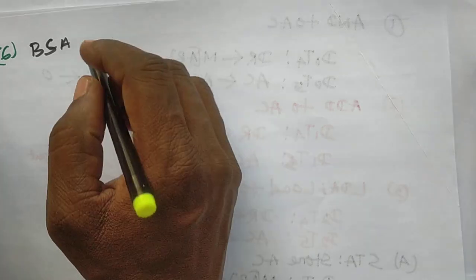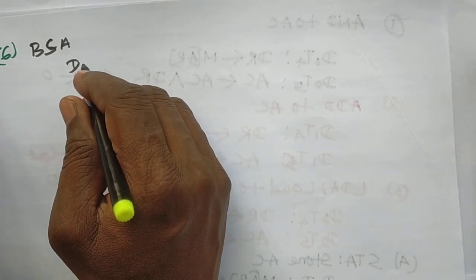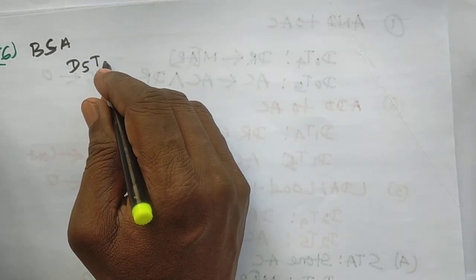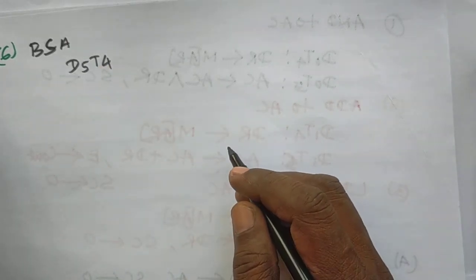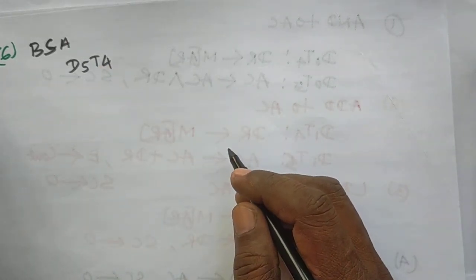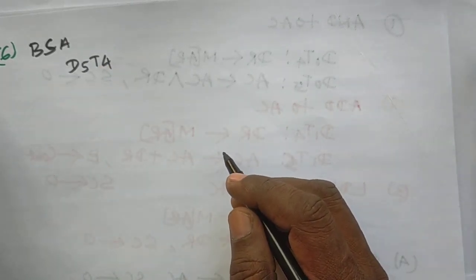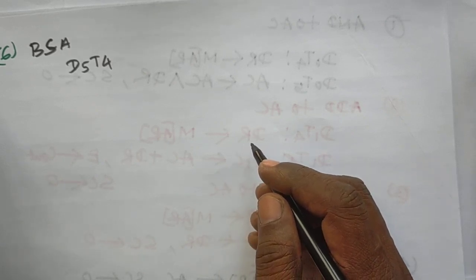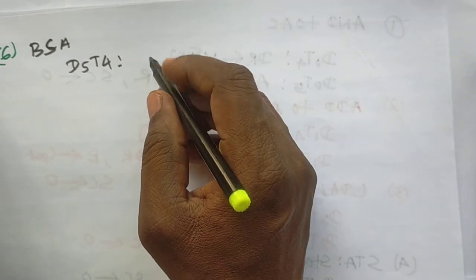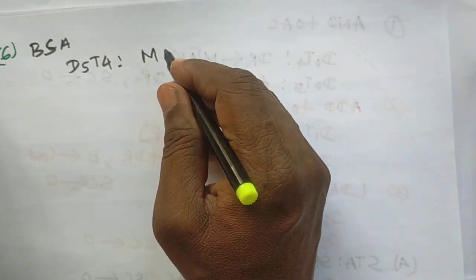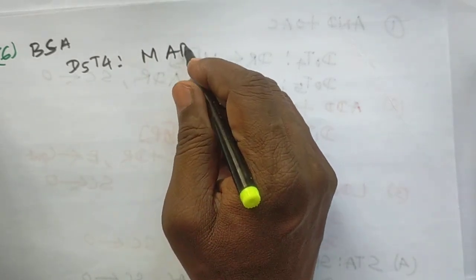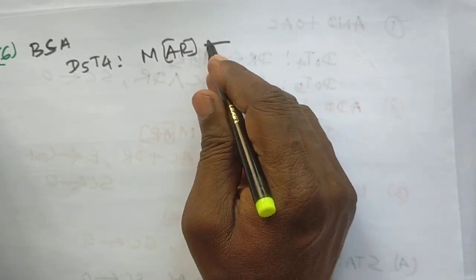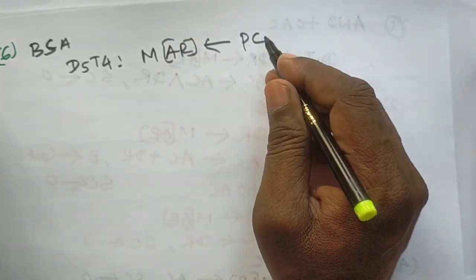In this case we use the D5 decoder and T4, and it also stores data into memory, so memory AR receives data from PC.